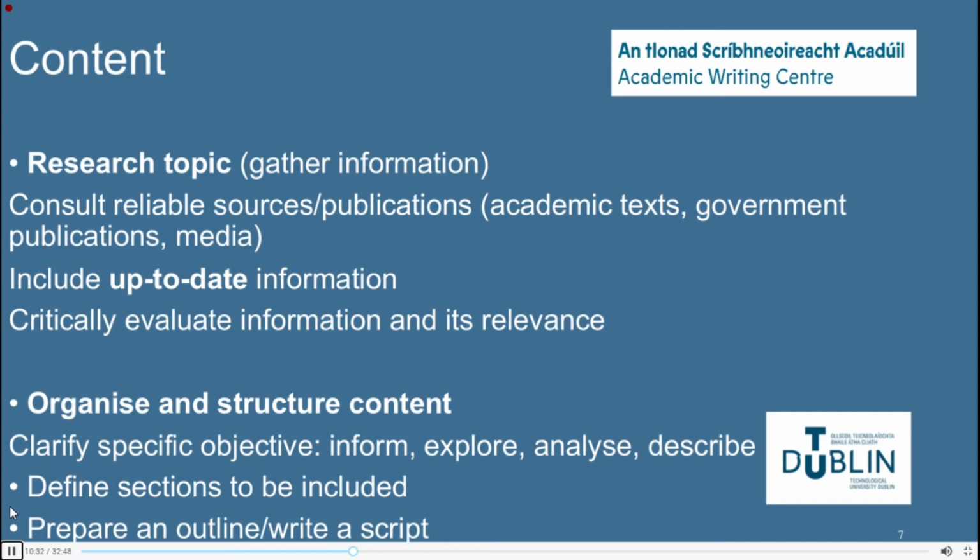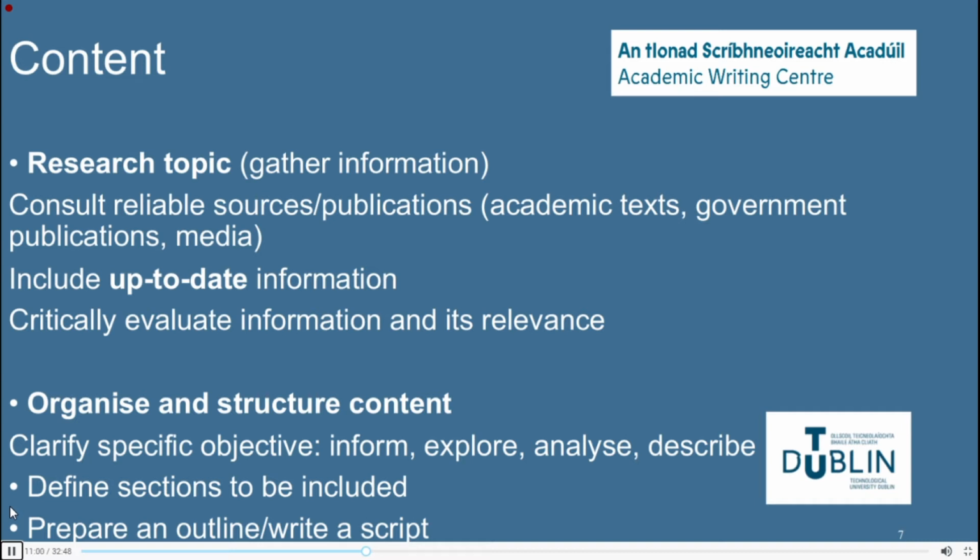In order to organize this content, it is a good idea, and I refer back to what we just said before, to clarify the specific objective of your presentation. So if it is to inform, explore, analyze, to describe, how is that going to have an influence on the structure that you adopt for your presentation?